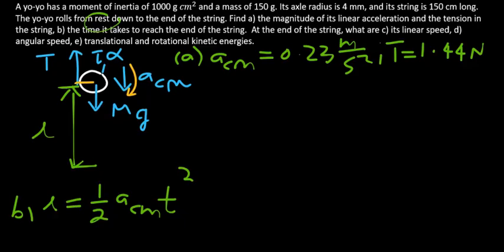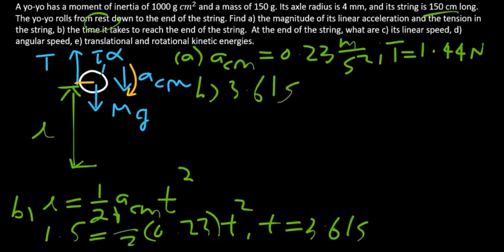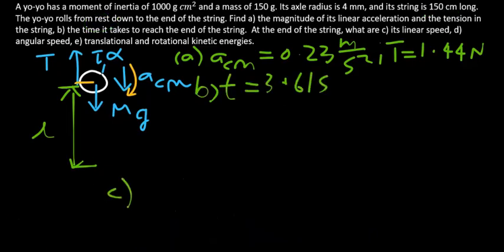So the length is 1.5 meters, half the acceleration is 0.23, t squared. And you can find the time, and you get 3.61 seconds. So part B, 3.61 seconds.